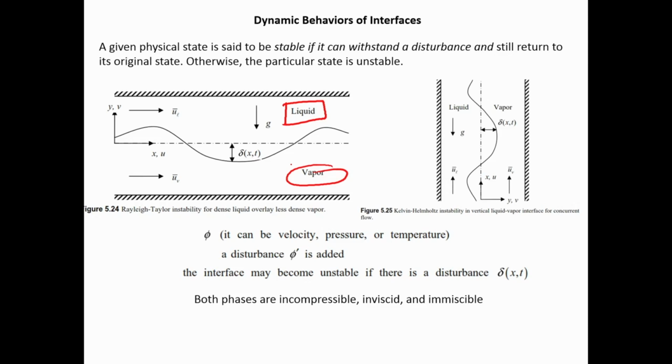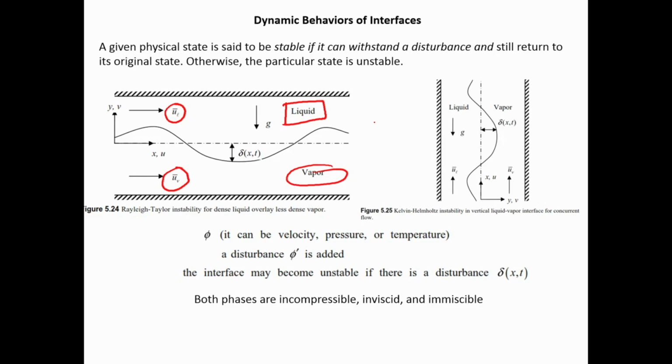So there is a layer of liquid sitting over a layer of vapor, and both of them are moving. Here there is a velocity uv, which is the vapor phase velocity, and a velocity ul, the average velocity in the liquid phase, and there is an interface which separates the two.